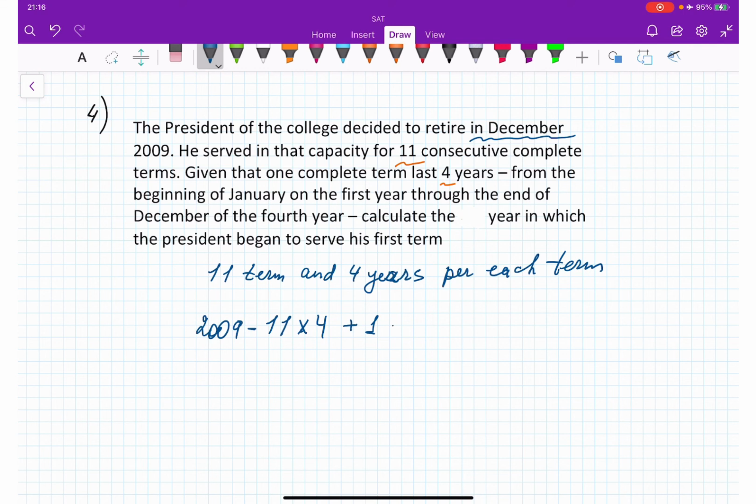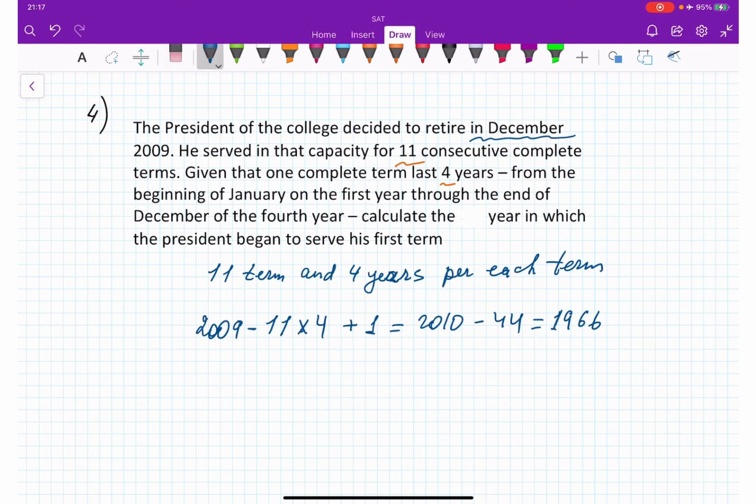So it's going to be 2010 minus 44, which is 1966. He started his work in 1966.